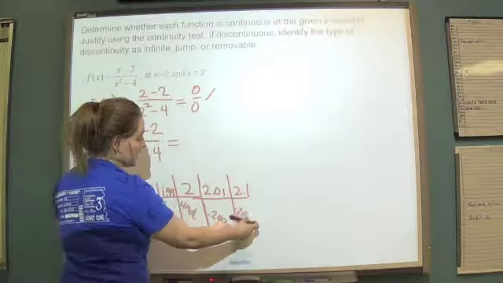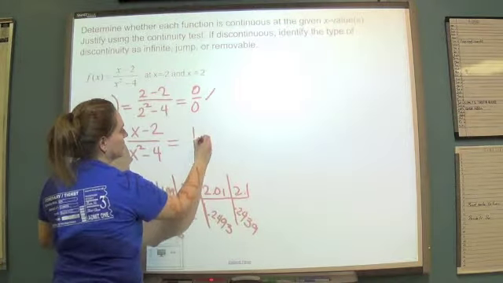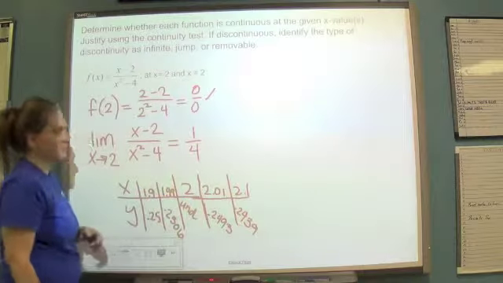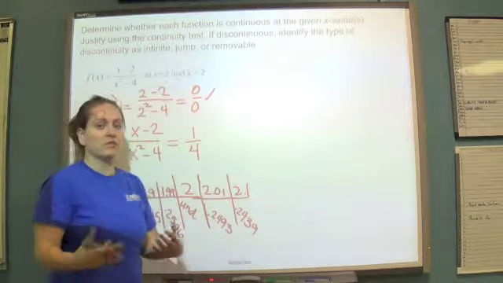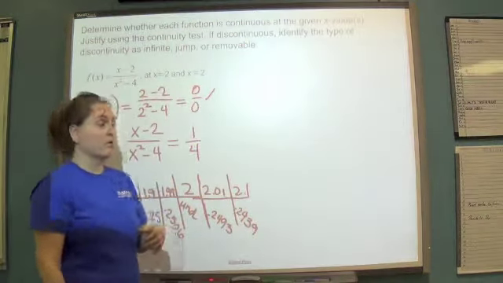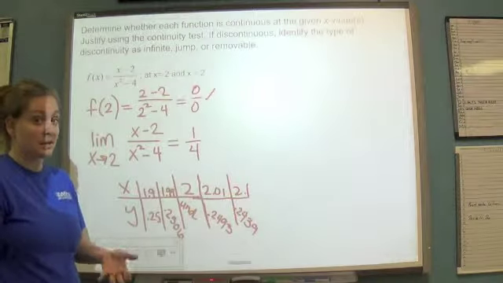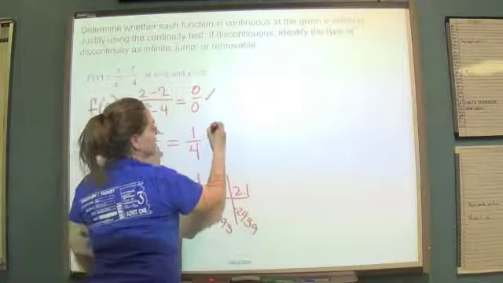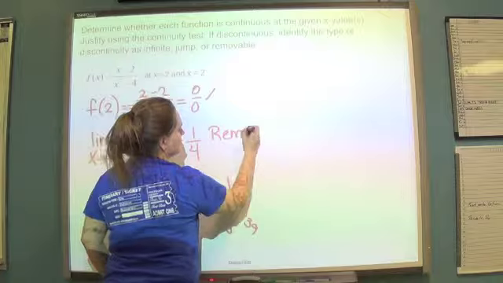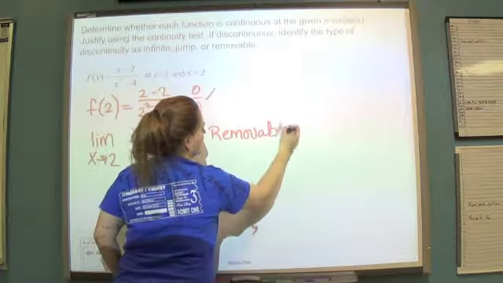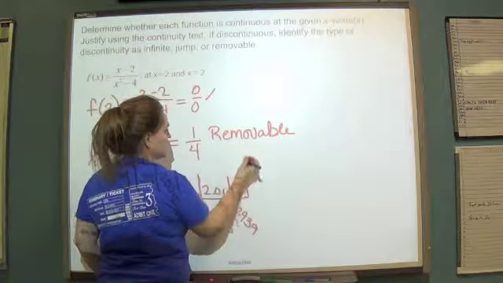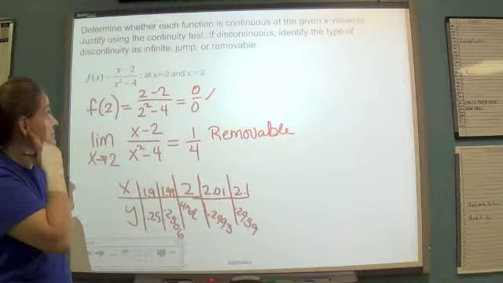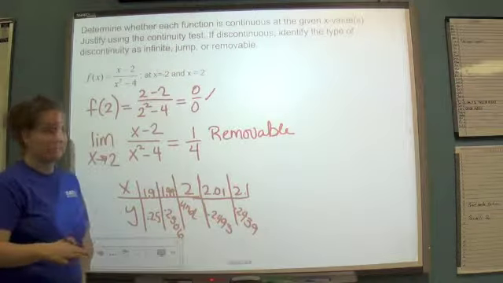So it's actually approaching 1/4. Even though we can't find the solution plugging it in, the actual answer is 1/4. And because it is approaching something, we can call this a removable discontinuity. So pretty easy there.